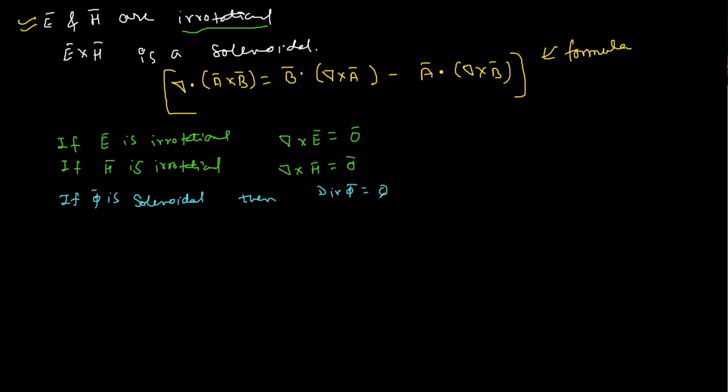Sorry, not zero vector, only zero. Divergence means what? Dot product with vector phi is zero. But here phi is what? This is phi, right? So dot product with phi is equal to zero, right?